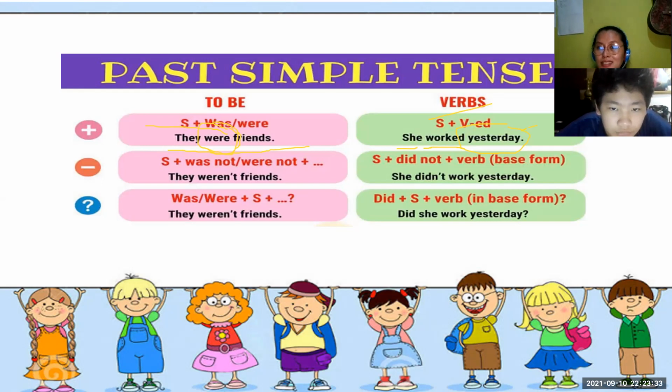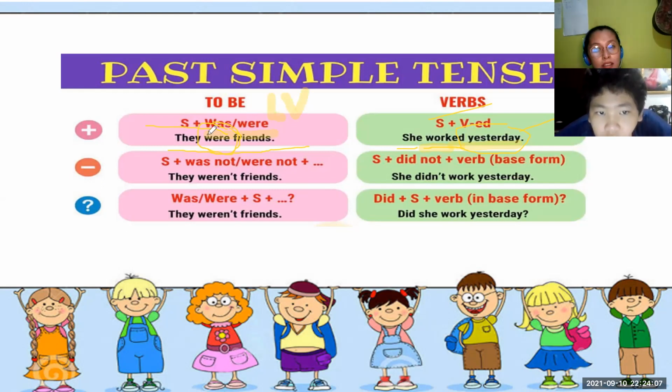Okay? Because of the word yesterday, it is already in the past. So that's why, as you can see, the word work, we add E plus D. Can you see that? If we will use a linking verb, we can use was and were.